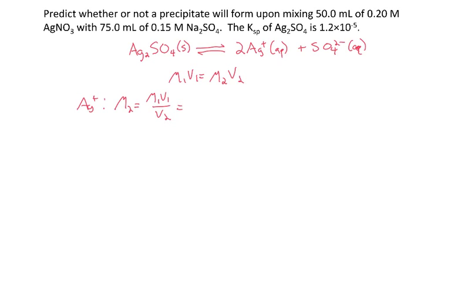The initial concentration of the silver is 0.2, the initial volume is 50 milliliters, and the final volume will be 50 plus 75, or 125. So the concentration of silver is 0.080 molar.